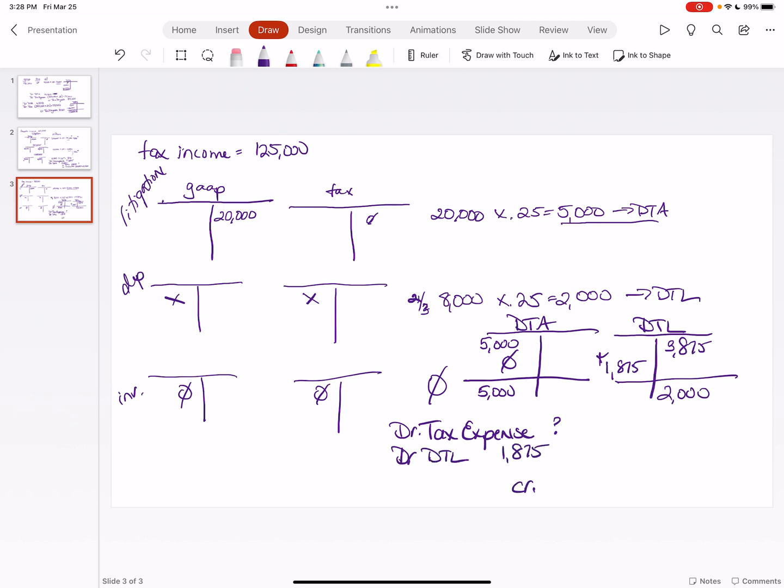And I'm going to record my tax payable based on the taxable income number they gave us of $125,000 times 25%, and that's going to equal $31,250. Can I get to my tax expense now? Yes, I can, because it's just what I need to balance the journal entry, which will be $29,375. Okay, if you have any questions, don't hesitate to reach out.